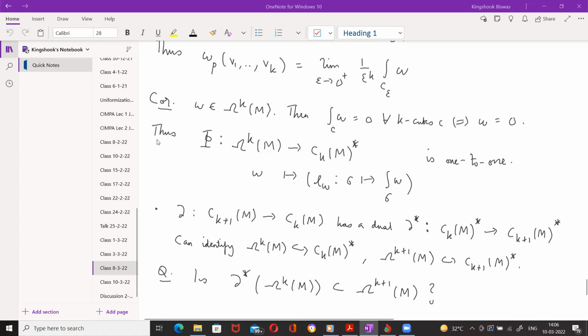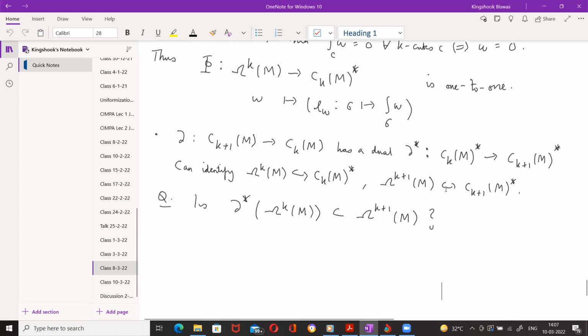Okay. So at the end of last time, we had this question. We defined this boundary operator from k plus 1 chains to k chains. So this is a linear map between vector spaces.